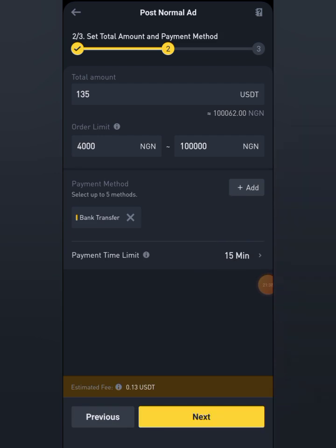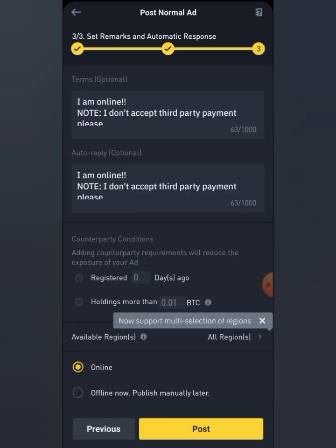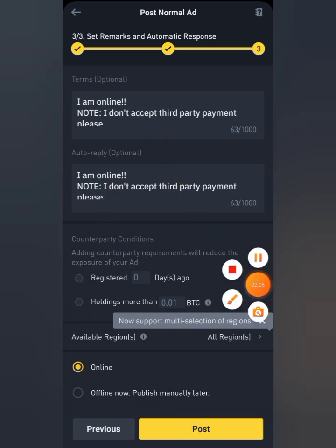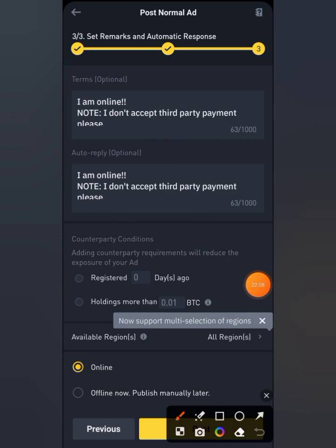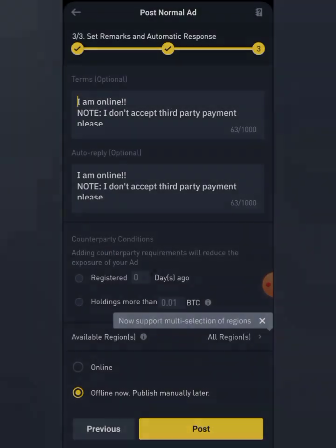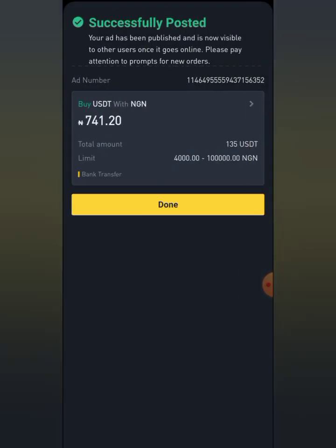Once you add your payment method, you go to next. Then you set up your terms and conditions, let them know your terms and conditions. Then set up an auto reply message, and then you can decide to publish it immediately and it will go online, or you can decide to go offline and publish it later. Let's use offline now and post your ad. Boom, the ad will go.